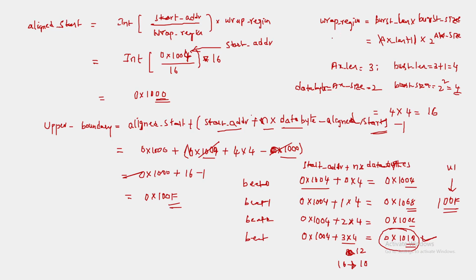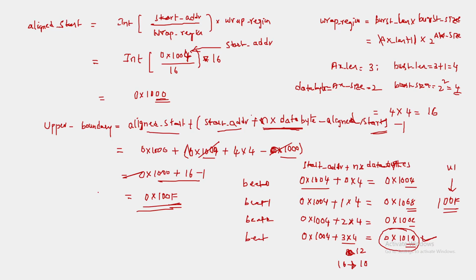This is the aligned start address we have calculated, and then aligned address plus number of bytes into total number of beats minus 1. In this way we have calculated 100f, that is the upper boundary.